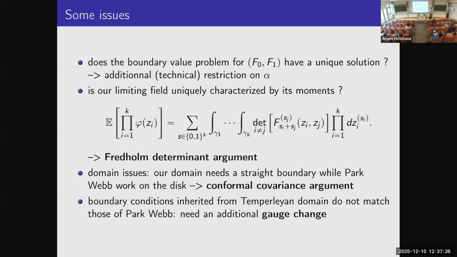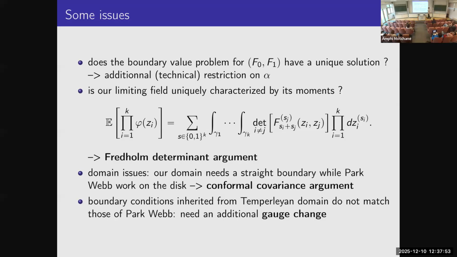That was the first problem. A second problem is that we don't know if this expression for the moments uniquely characterizes the field. This is a question we had to solve using some Fredholm determinant arguments. Here it's really the limit of my knowledge.